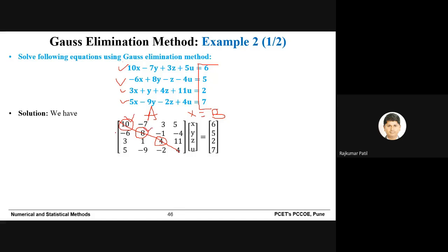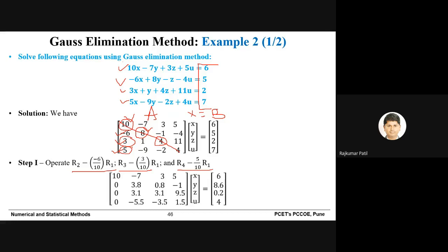Then you need to make these 3 terms as 0. So for that we will perform R2 minus 6 by 10 R1, R3 minus 3 upon 10 R1, and R4 minus 5 by 10 R1. So in order to make these values equal to 0.